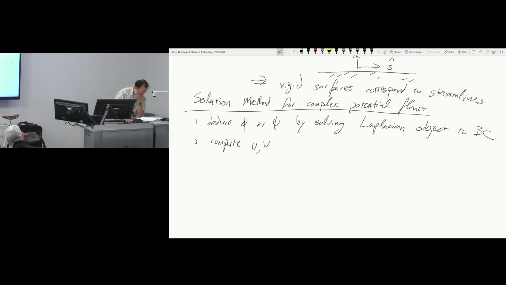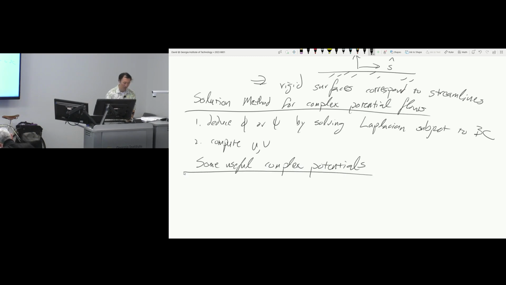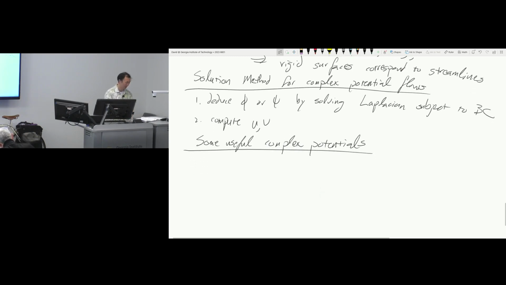So let me give you a couple kind of easy to remember complex potentials. And this is definitely not exhaustive. There's definitely more, but they're kind of algebraically a little harder to write.